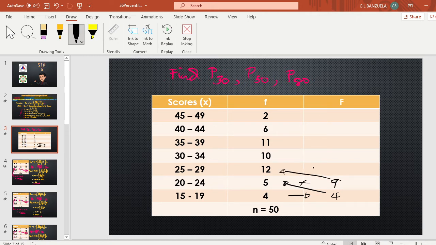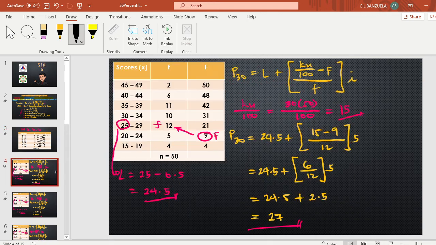Again, add 12, so that would be 21, plus 10, that would be 31, plus 11, 42, plus 6, that would be 48, sorry, and plus 2, that would be 50. So that's how to complete your cumulative frequency table. Again, the last value of the cumulative frequency is always equal to your sample size.